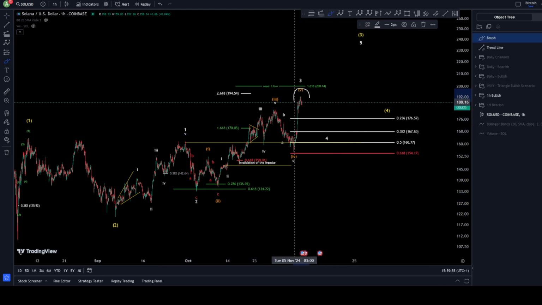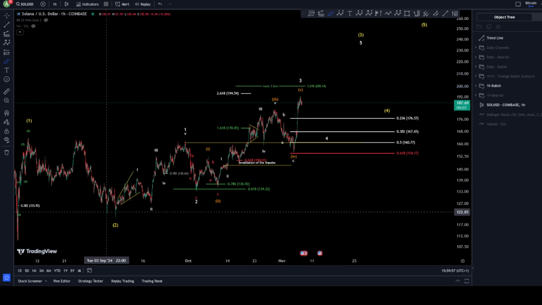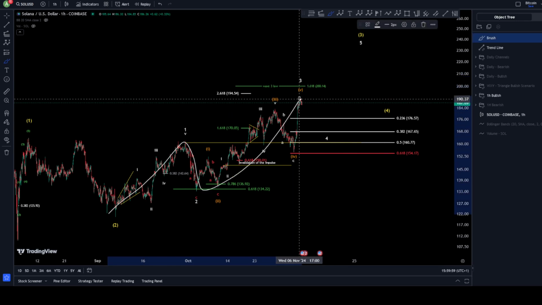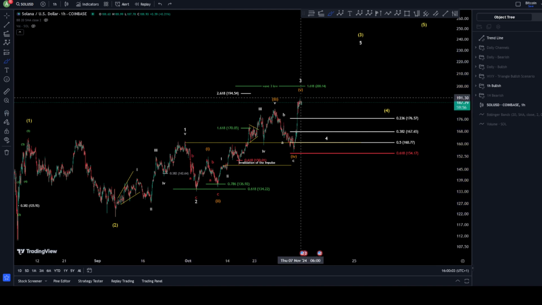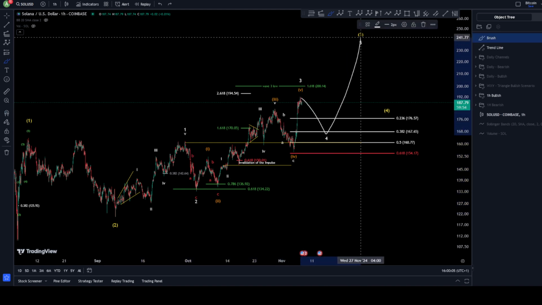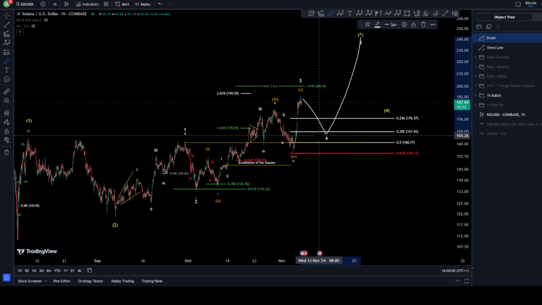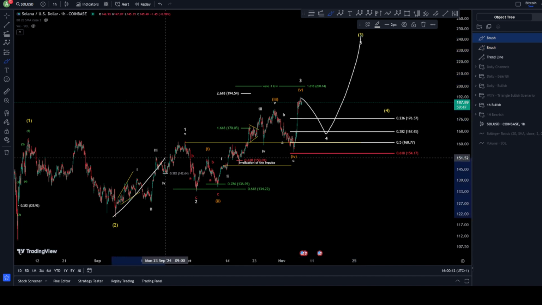And because your wave 3 in the white scenario is very, very shallow, it's not extended. Therefore, your wave 5 is gonna be very extended, okay? Because this is how impulses work, guys.